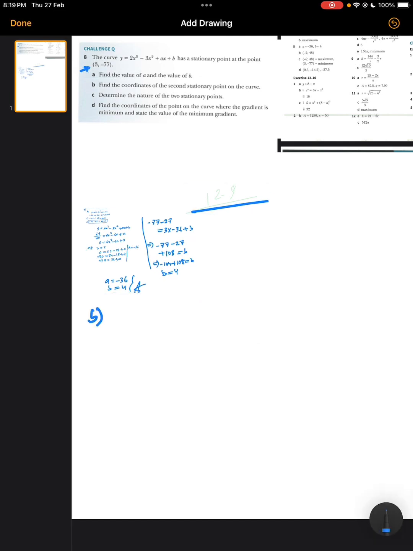Now question B: find the coordinates of the second stationary point on the curve. Okay, very good question. So y is equal to 2x³ - 3x² - 36x + 4, as I am putting the value of a and b.